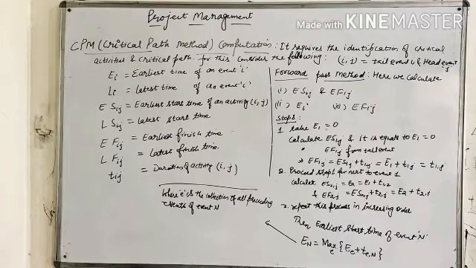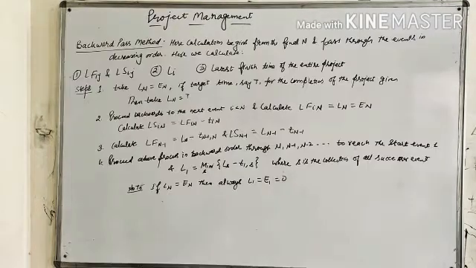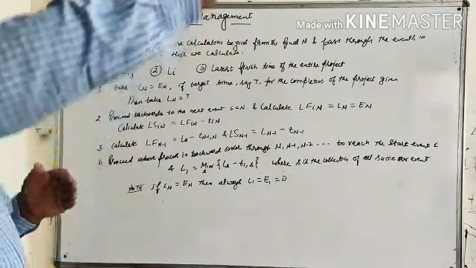Now, moving on to the backward pass method for the latest allowable event time. Here the calculation begins from the final event capital N, that is, the calculation of events starts from the last.